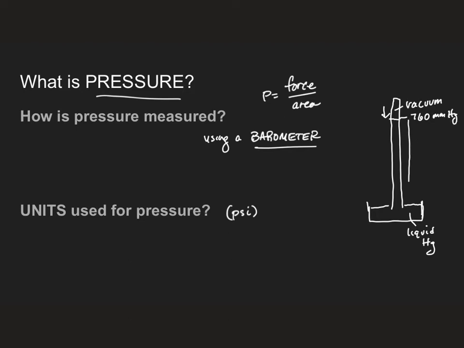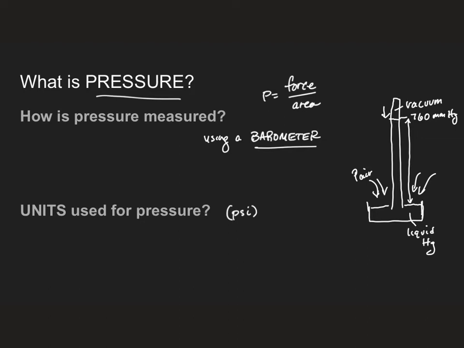This is the distance between the surface in the dish and the level in the tube. It was in fact the pressure of the atmosphere outside, the pressure of the air, that was pushing the mercury up this tube and not allowing it to fall into the dish.